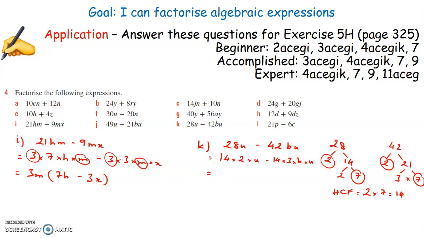So we have 14 being the same, and also we have the letter u being the same. So let's take 14u out as a common factor. And for the first term, we have 2 left. Bring the minus sign in, and for the second term, we have 3b left. So hopefully this helps you with question 4 for exercise 5H.